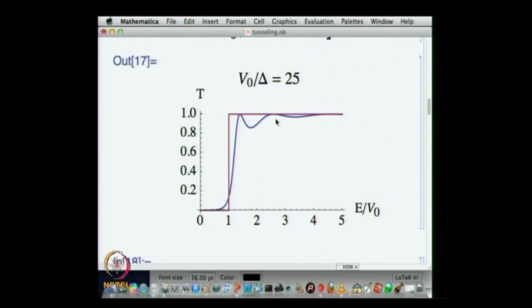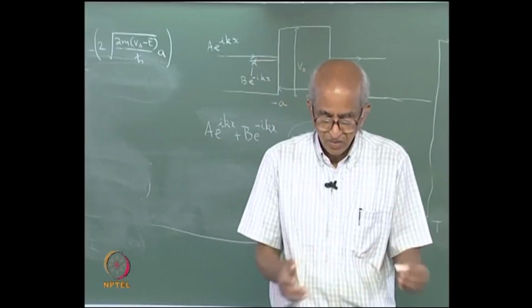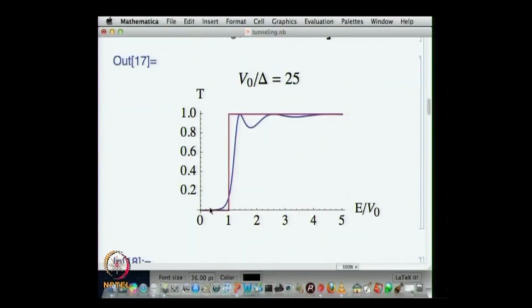And just to compare, I have also plotted the transmission coefficient for a classical particle. You know that for a classical particle, if the energy is less than V0, you are in this range where the horizontal axis varies from 0 to 1.